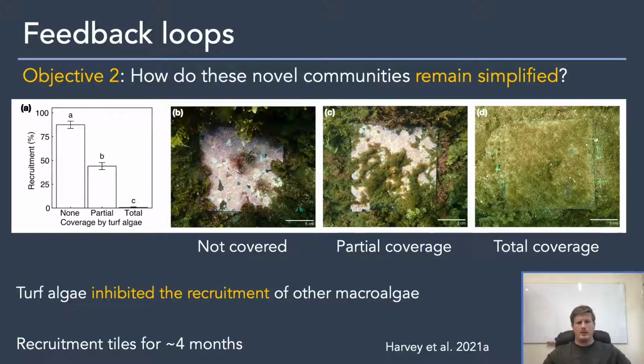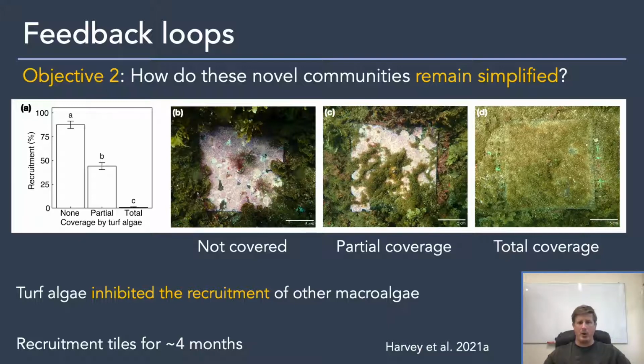So this obviously was our theory, that this was therefore going to be impacting any recruitment into this area, but we wanted to test this. And so we put out a number of other recruitment tiles over a 4-month period in which we located them within areas within the high CO2 that were either fully covered by turf algae, not covered at all, or partially covered.